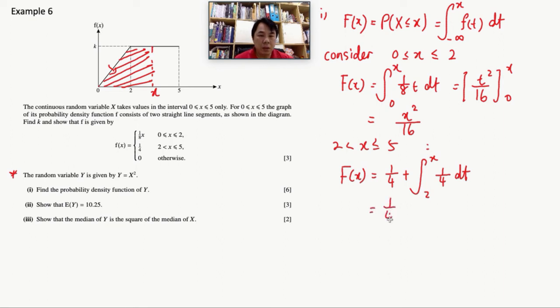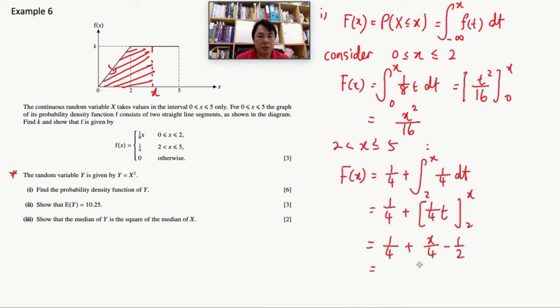So that's how it looks. There will be 1/4 plus the integral of 1/4 dt, that is 1/4 t from 2 to x. And then if you simplify that, that will be 1/4 plus x over 4 minus a half.